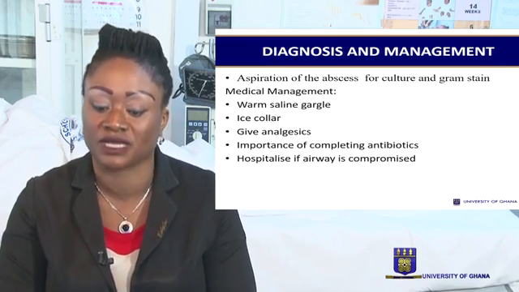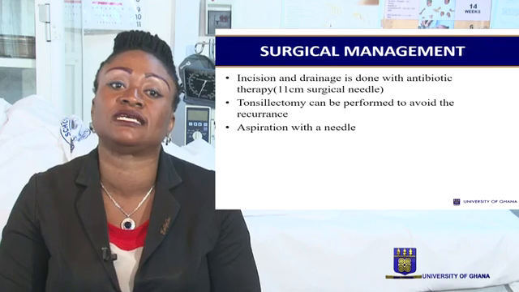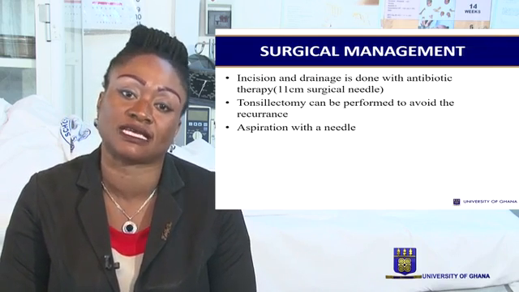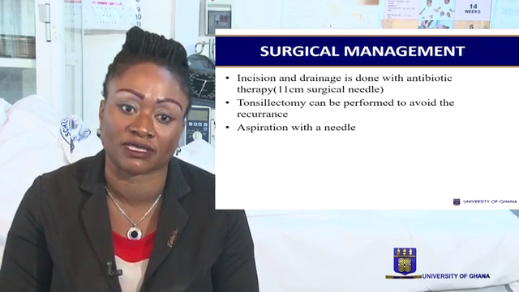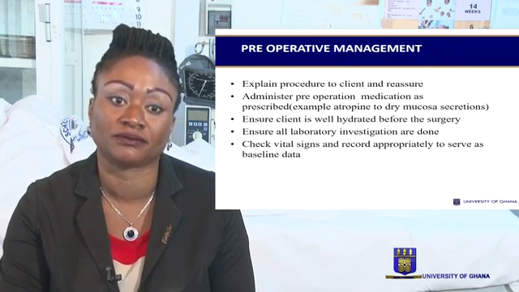Hospitalization may be necessary if the airway is compromised. Incision and drainage is done with antibiotic therapy as surgical management. Tonsillectomy can be performed to avoid recurrence, and aspiration with a needle may be done.